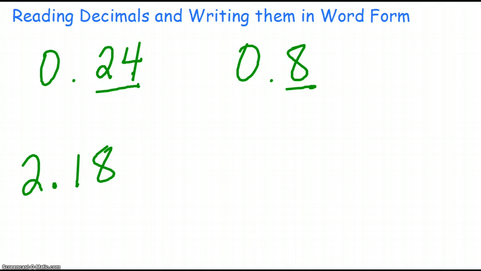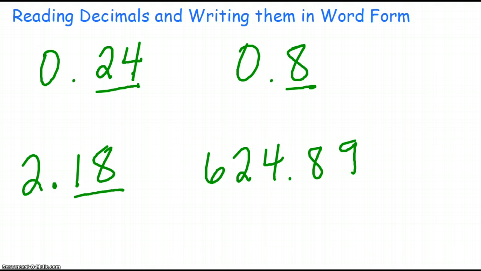Take a moment, see if you can read it. 2 and 18 hundredths. Alright, last one. Let's do a big one before you leave. I'll give you a second to try. 624 and 89 hundredths.